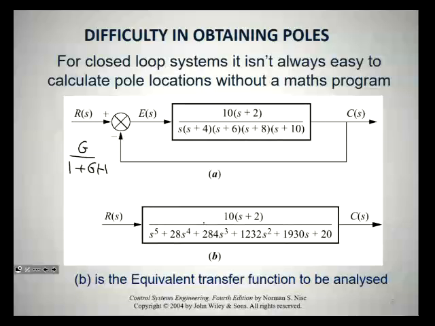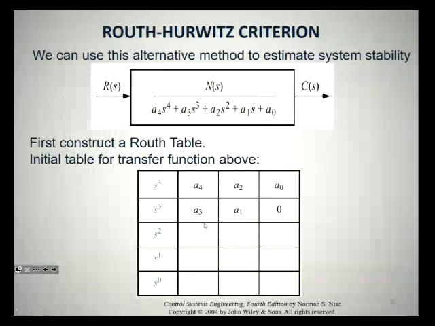This one's got unity feedback actually, so that would just be 1 + g. But anyway, the equation becomes a bit more complicated, and it's a bit more difficult to find the poles. So there are some other methods we can use to work out if the system's stable or not. And one of them is working out what the steady state error is going to be. I think that's what this is on there. Oh no, sorry, Routh-Hurwitz, this first, okay.